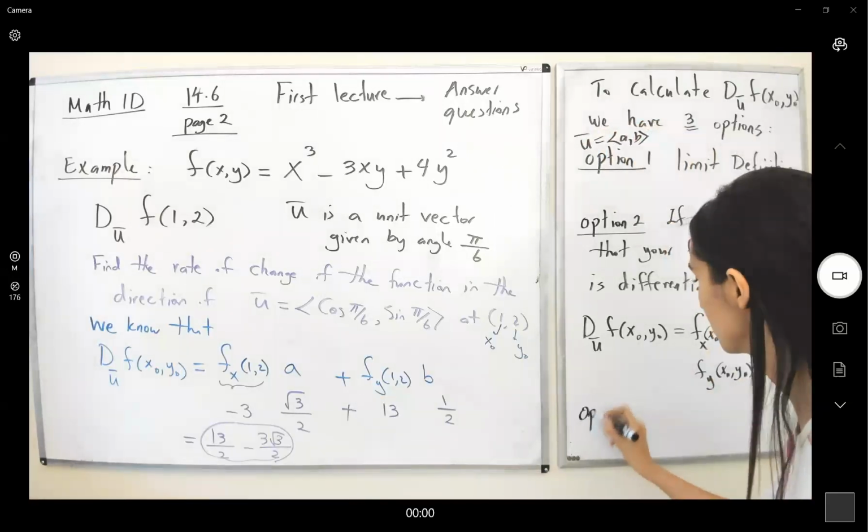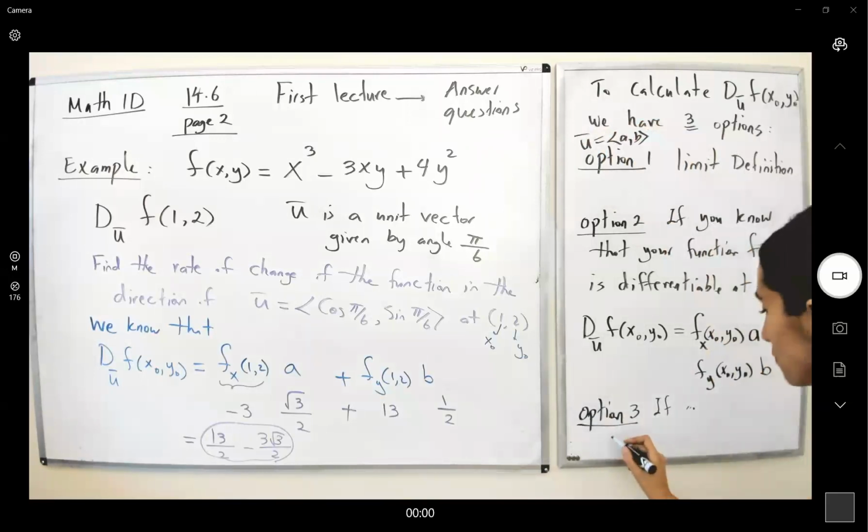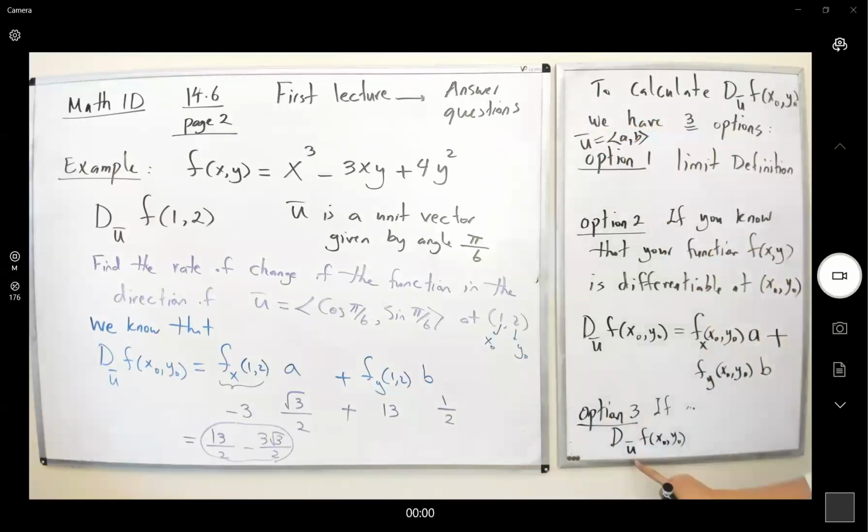Option 3. If, again, you are sure that your function is differentiable, then the directional derivative of the function at point x sub 0, y sub 0 in the direction of u is equal to f sub x, again evaluated at x sub 0, y sub 0, times cosine theta, plus the partial derivative of f with respect to the vertical axis at point x sub 0, y sub 0, times sine theta.